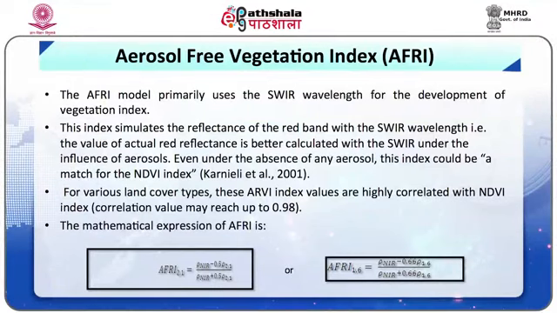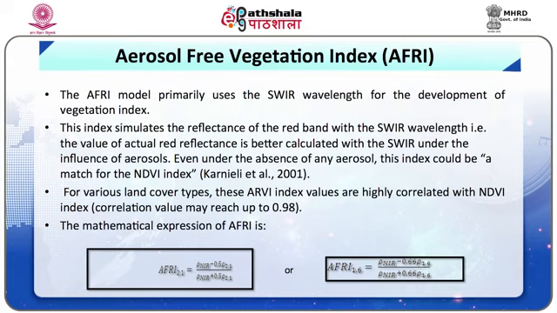Aerosol free vegetation index, that is AFRI, is another measure of indices. This model primarily uses the SWIR wavelength for the development of the vegetation index. The SWIR band has the advantage of being sensitive to vegetation while at the same time being less susceptible to the influence of aerosols.